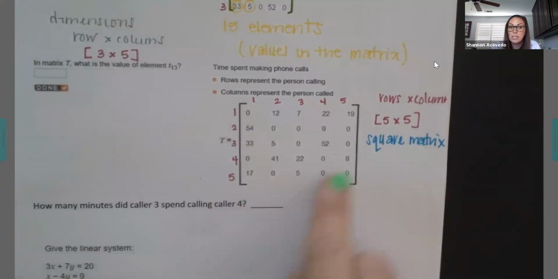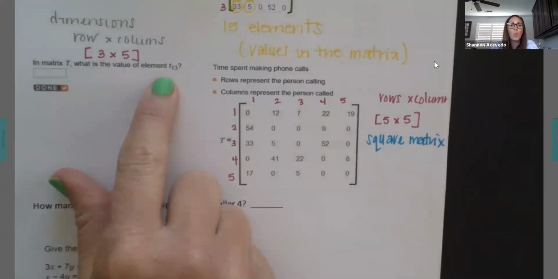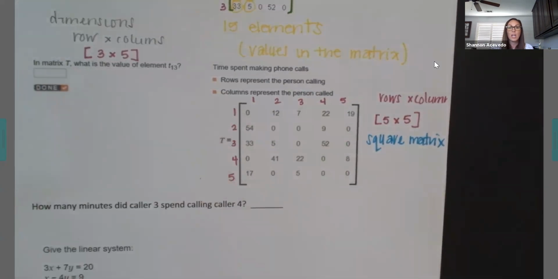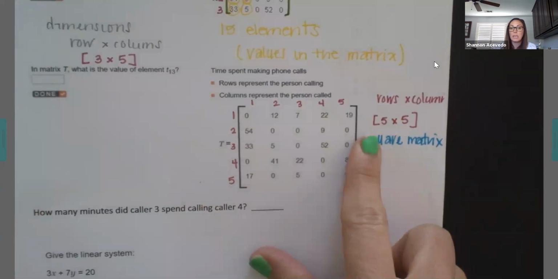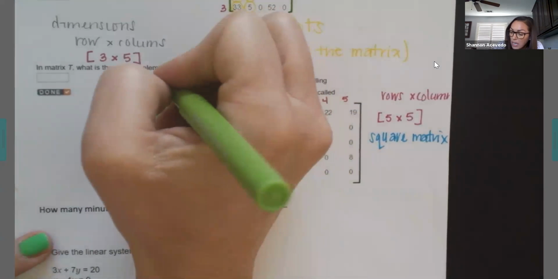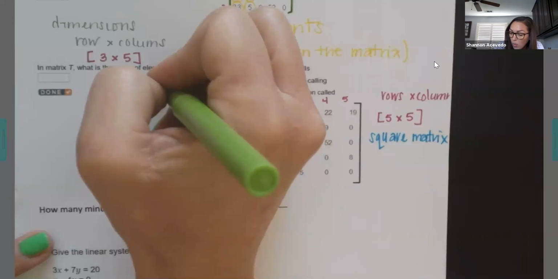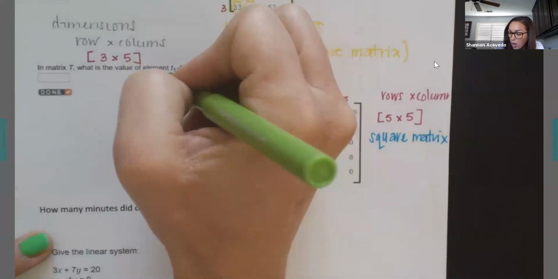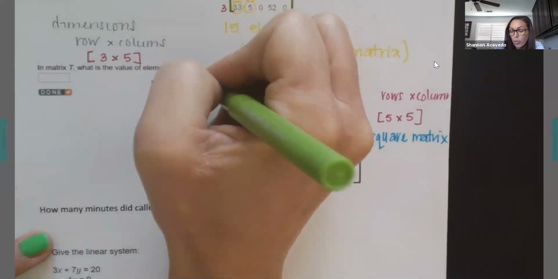Okay. Well, then it says, in matrix T, what is the value of element T1,3? Remember, each one of these numbers is an element. Well, what is this 1,3? Just like the dimensions, it's rows by columns. These numbers for the elements are talking about my rows and columns. So this is saying row 1, and this is saying column 3.